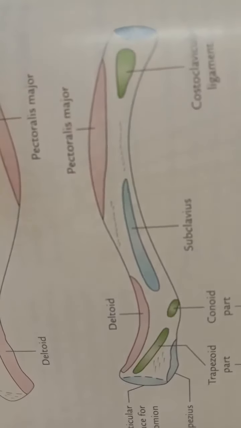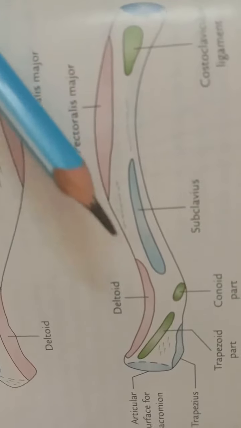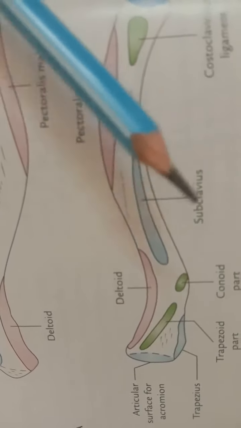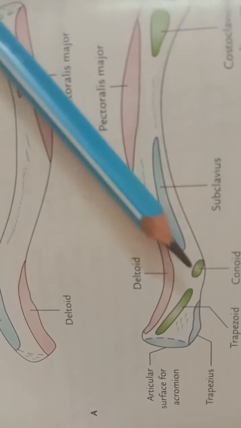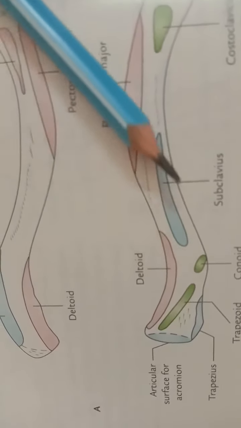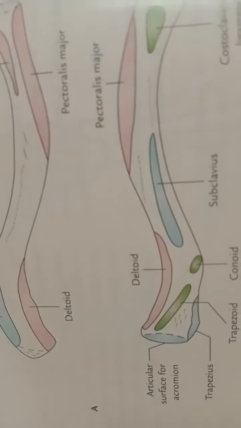Then the subclavian groove gives the insertion of the subclavius muscle. The margin of the subclavian groove gives the attachment of the clavipectoral fascia.